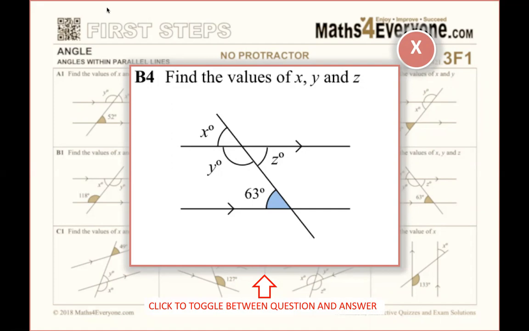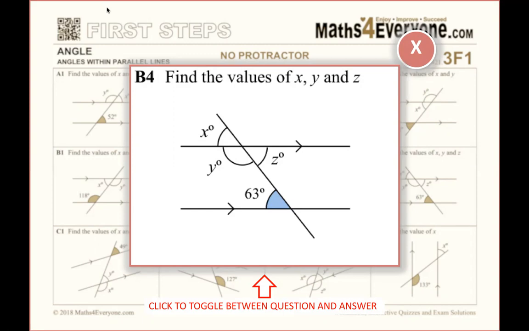How do you get 17? 117, sorry. Okay, Y is 117. X is 63. Okay, very good. So X and Z is 63, Y is 117.